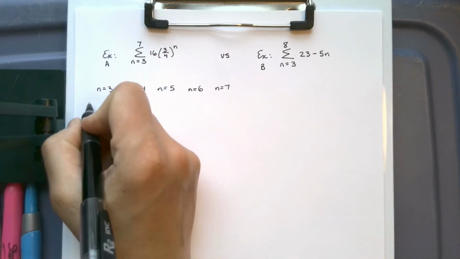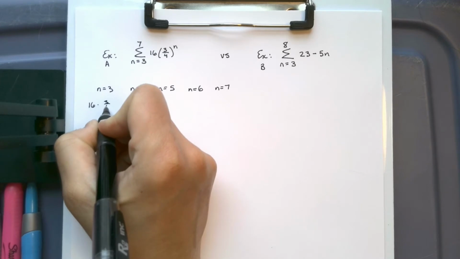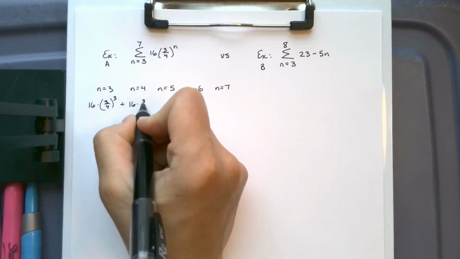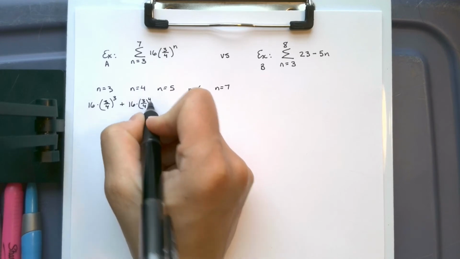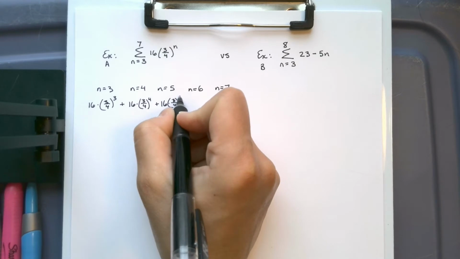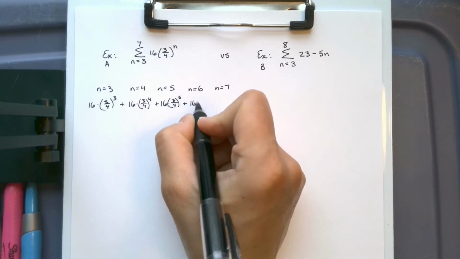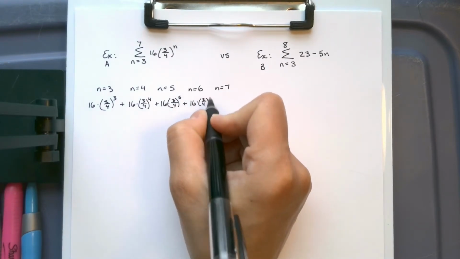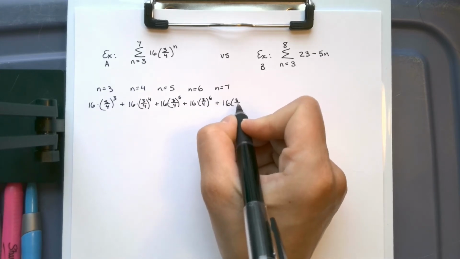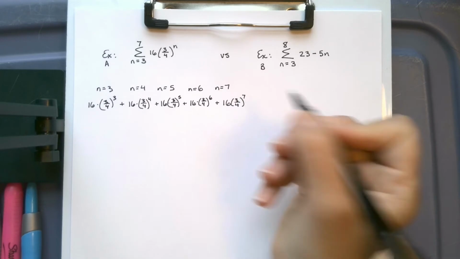We're going to have 16 times 3/4 to the third, plus 16 times 3/4 to the fourth, plus 16 times 3/4 to the fifth, plus 16 times 3/4 to the sixth, and thank goodness, because I'm running out of room, 16 times 3/4 to the seventh.